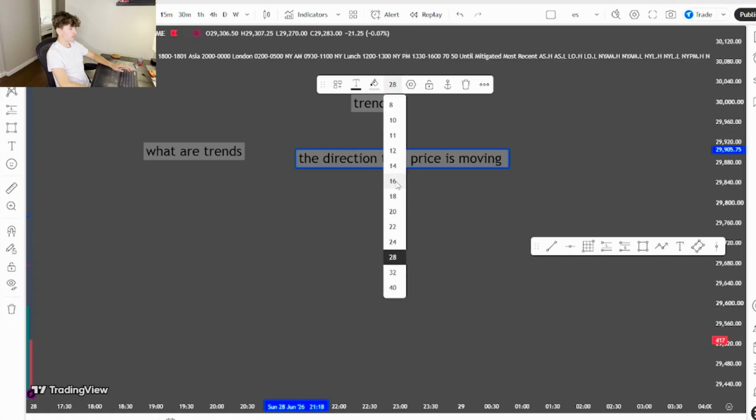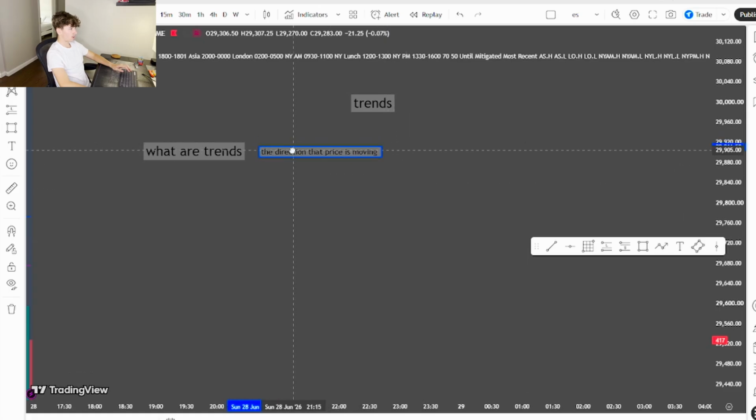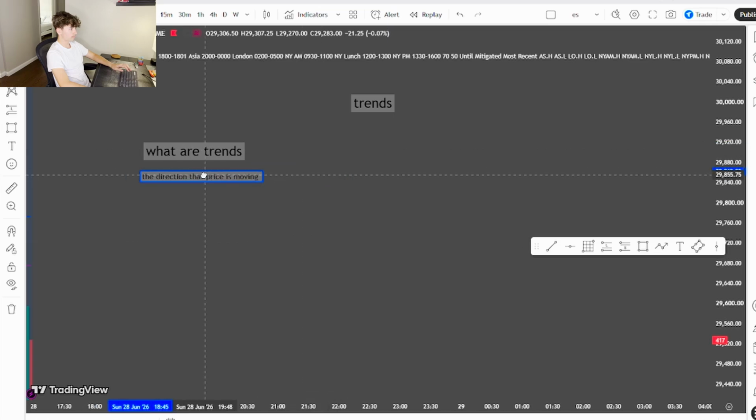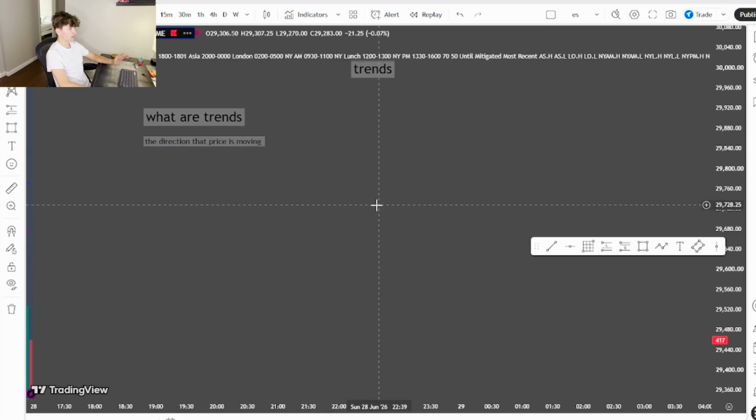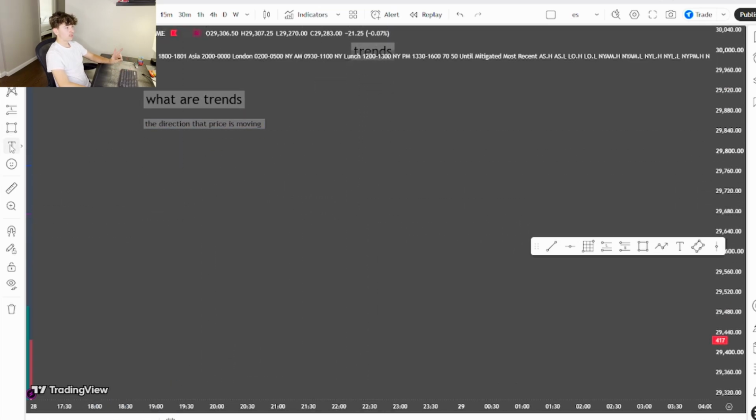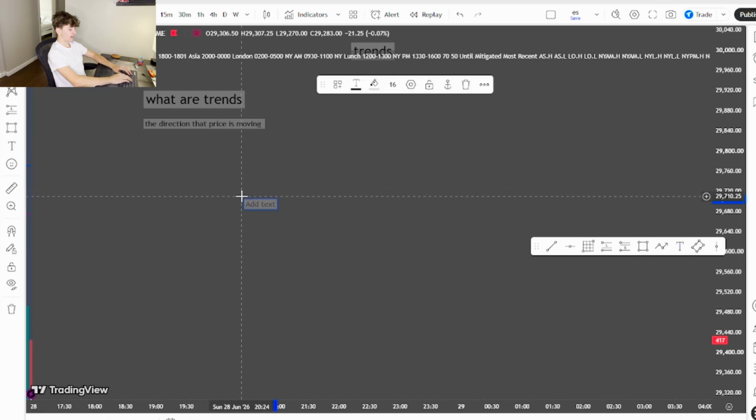Trends are the direction that price is moving. So there are two types of trends. There are uptrends and there are downtrends.